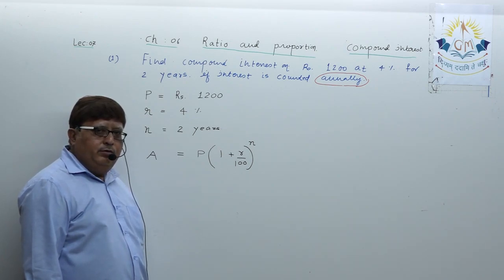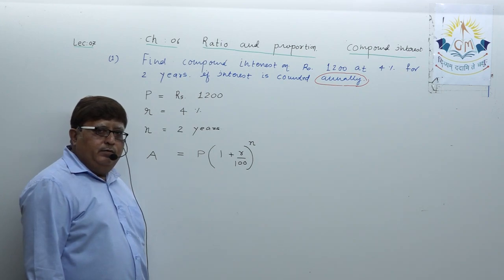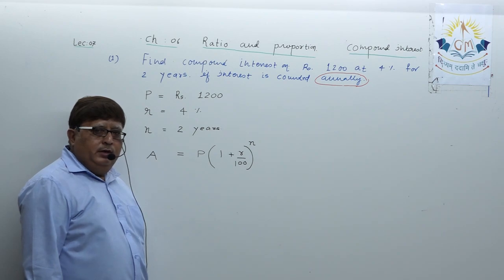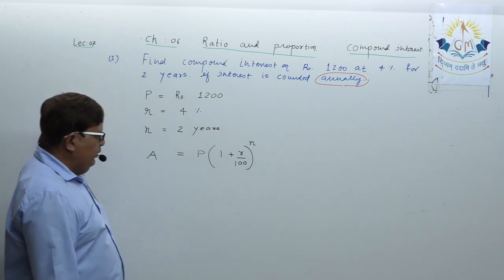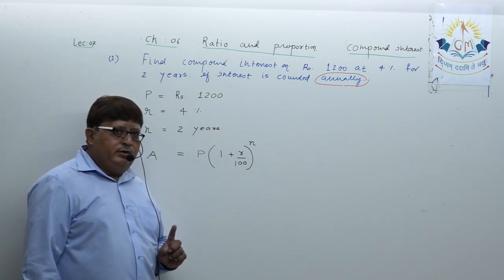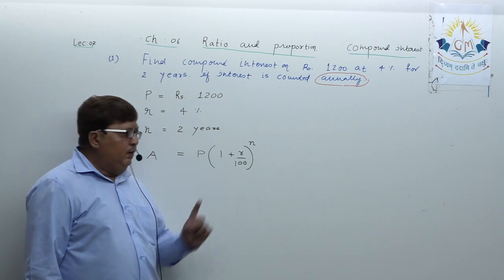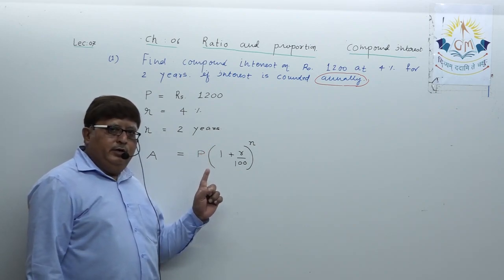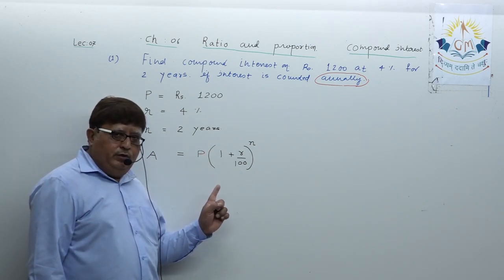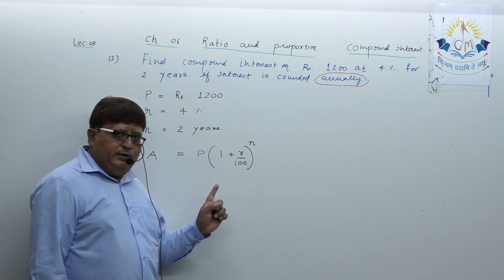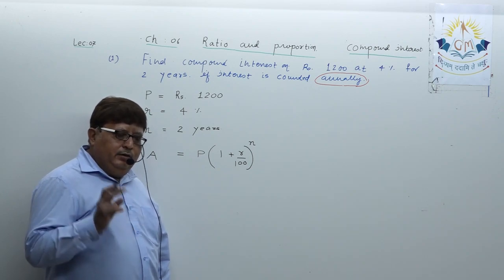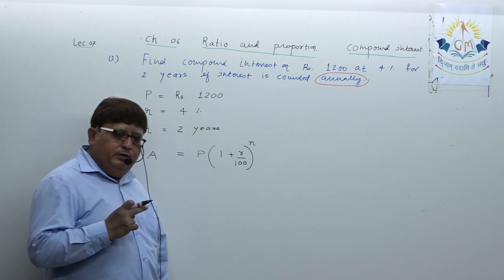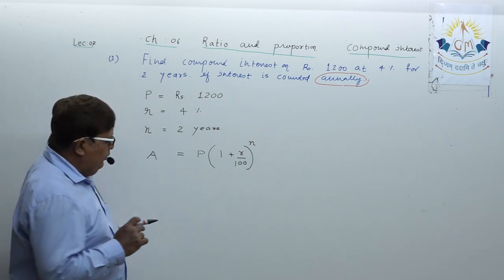A equal to P into bracket 1 plus R upon 100 raised to n. Again you need to speak to remember this formula. And one more thing, dear student. Now the method which we are following, understand that you need to catch perfectly, and you should solve the sum the same way I am solving it.